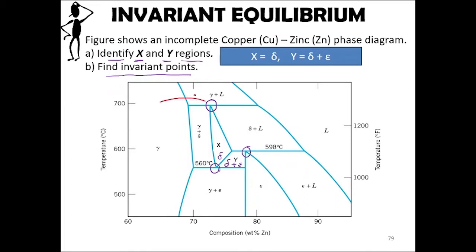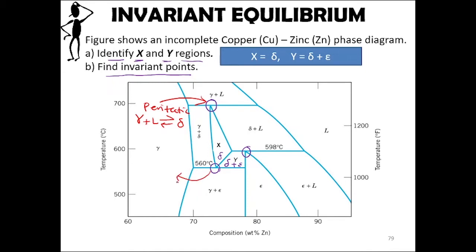At this point, we have a peritectic invariant equilibrium. For peritectic, we can see gamma plus liquid phase change into another solid phase that we denote as delta. Delta can also change directly into gamma plus liquid.